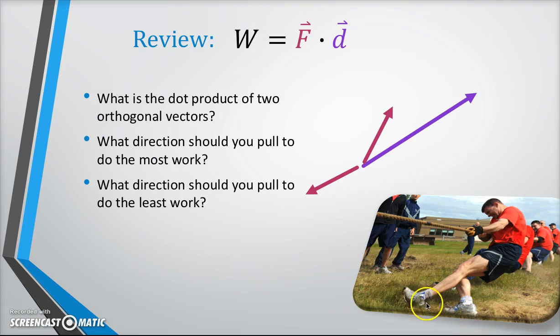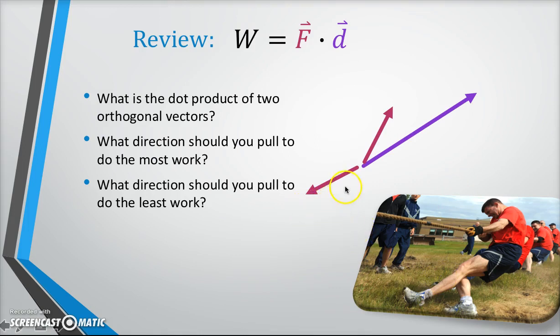If you defined the least work as 0 work, then you would pull perpendicular to the direction you want to go in. That is, pull this tug-of-war rope straight up, it will do your teammates no good whatsoever.